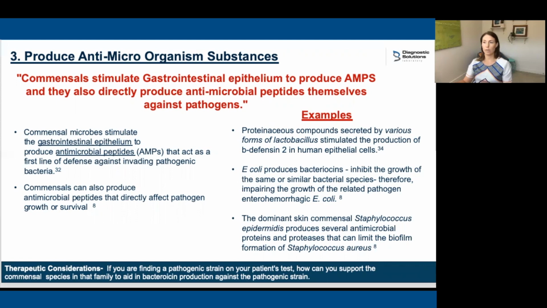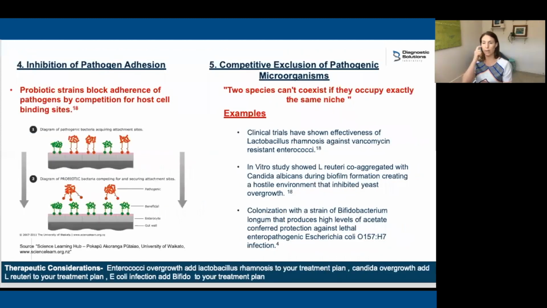The commensal bacteria are also great at inhibiting pathogen adhesion. Probiotic strains have great adhesion ability and can block the adherence of pathogens by competing for those host cell binding sites. I think this is a really good optic to see: if we don't have enough probiotics, those pathogens can start to adhere to these attachment sites.